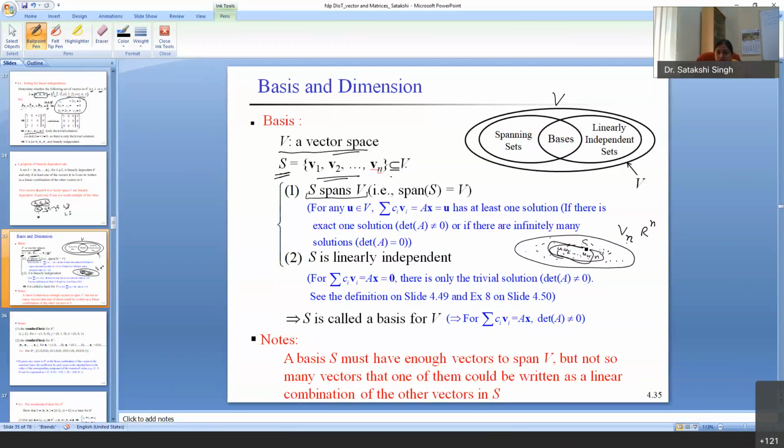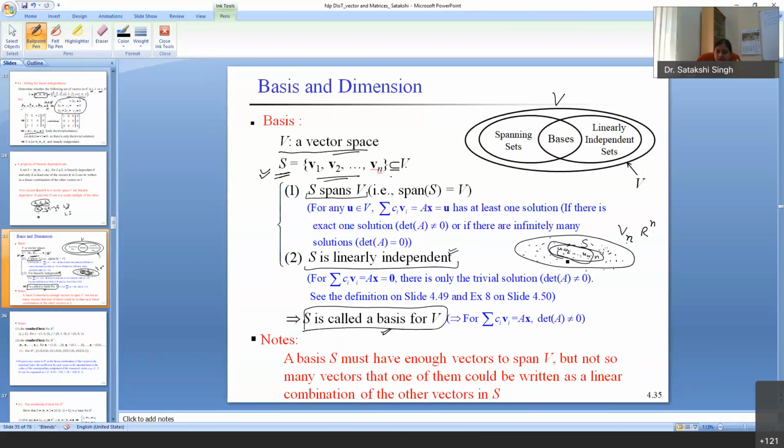Okay, this was your set S. So we will say that S spans V. And the second thing, that S is linearly independent. If these two properties are satisfied, then this S is called a basis for vector space V. So the meaning of basis for vector space V is, from this set S, we can find any of the vectors of this vector space V, with the property that it is also a linearly independent set.